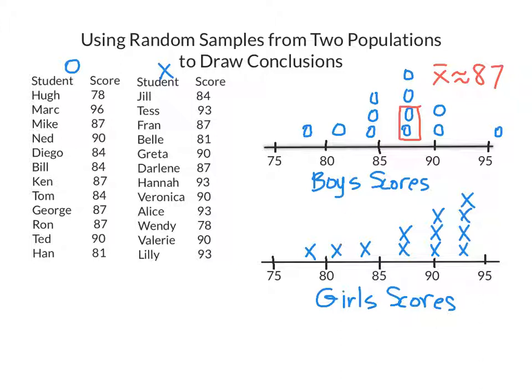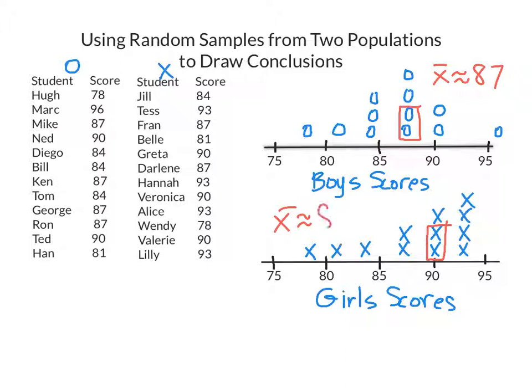Whereas for the girls, we know that the mean is going to be pulled to the left of the median. 1, 2, 3, 4, 5. So the middle two are right here. So that's 6 from the top and 6 from the bottom. Since I know the mean is being pulled to the left, I'm going to go ahead and estimate 87 as well, because I know it's to the left of 90.